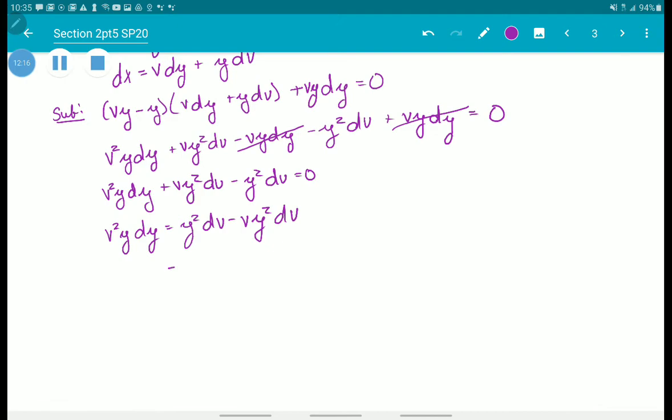And then if I look at that right-hand side, everything has a y squared and a dv in common. So if I were to factor out y squared dv, I'm going to be left with 1 from the first term and a minus v from the second term.